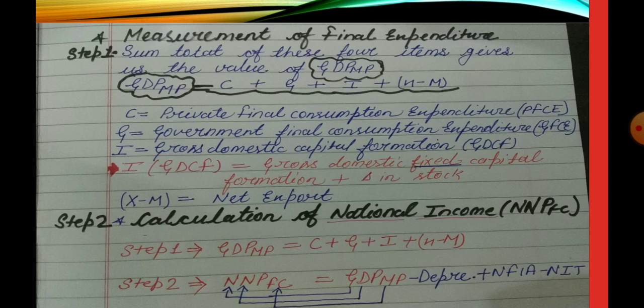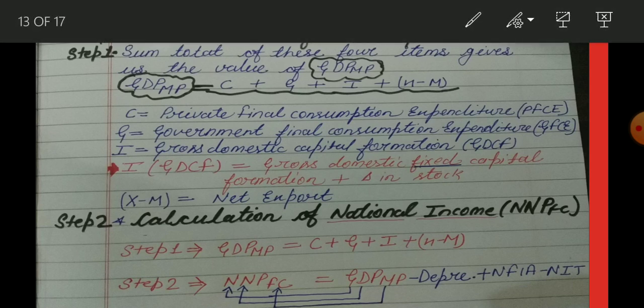C means private final consumption expenditure done by the household sector and non-profit institutions. G means government final consumption expenditure, done by the government. I means investment, gross domestic capital formation, done by the producer sector, and X minus M is the difference between export and import.